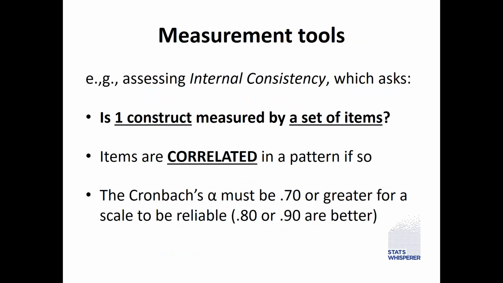So if we use 5 items to measure happiness, there should be patterned responses. Cronbach's alpha is the way to measure the strength of this pattern that reveals if one construct is really being measured. It should be at least 0.70, and 0.80 and 0.90 is better.